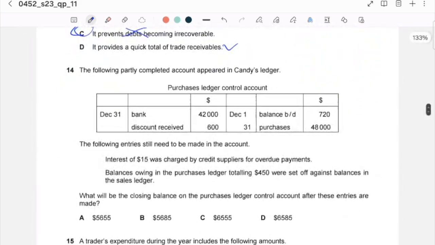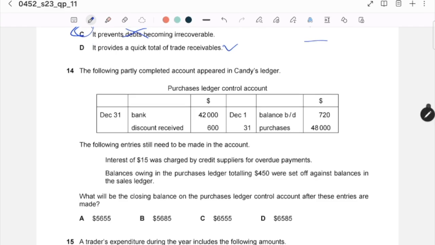Okay, we go to number 14. The following partly completed account appears in the ledger. The following entries still need to be made in the account. The question is, what will be the closing balance on the purchases ledger control account after the entries are made?